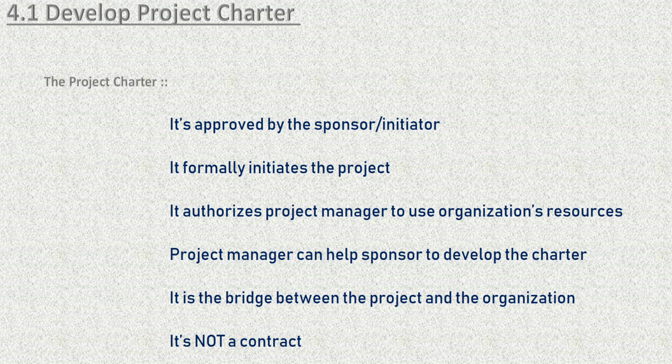Suppose XYZ is a company and ABC is a company, and XYZ has initiated the project and has outsourced it, or given the project execution responsibilities to ABC. Fine. So in that case, there should be a legal binding between XYZ and ABC to decide what the repercussions will be of various conditions going forward.